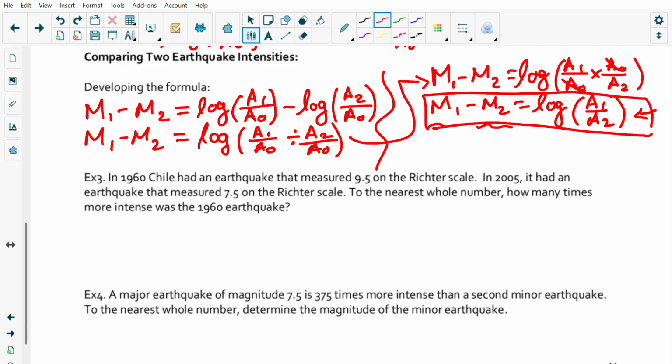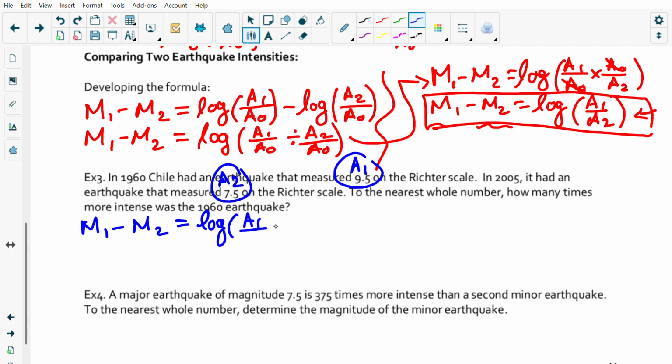To the nearest whole number, how many times more intense was the 1960 earthquake? So use my comparison formula. 9.5 minus 7.5 equals log of A1 over A2.